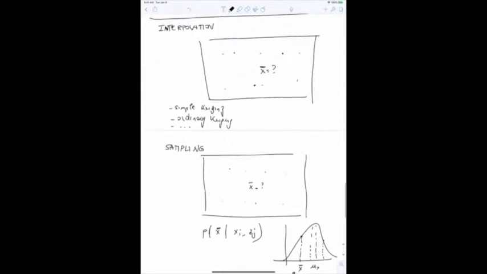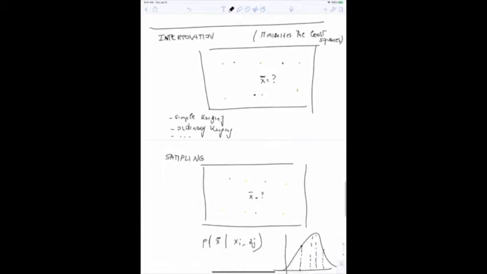Now, the reason we do it is that the interpolation method minimizes the least squares. So we often say that kriging is the best interpolation method, best in the sense that it minimizes the least squares. You cannot do better than that.